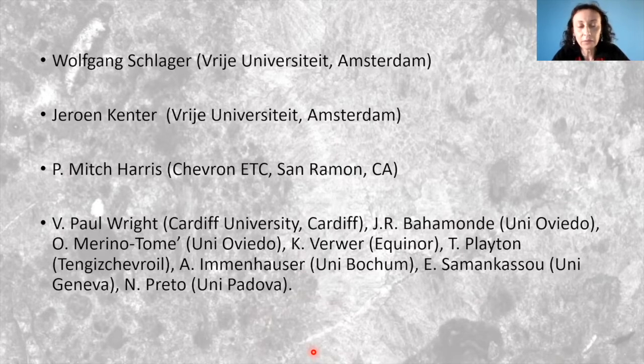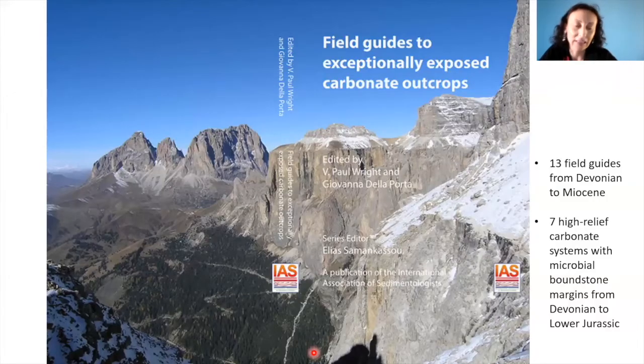The other reason for this presentation of material more than 20 years old is a new publication, a book of field guides to exceptionally exposed carbonate platform outcrops that has been recently published by IAS. Paul Wright is the editor, and Elias Samankasus is the series editor.